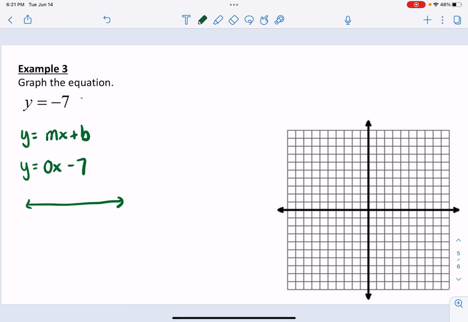Or look at it this way: your y's always have to be -7. So I go down to -7. That's my y-intercept, but my y's always have to be -7. So that's what that graph looks like.